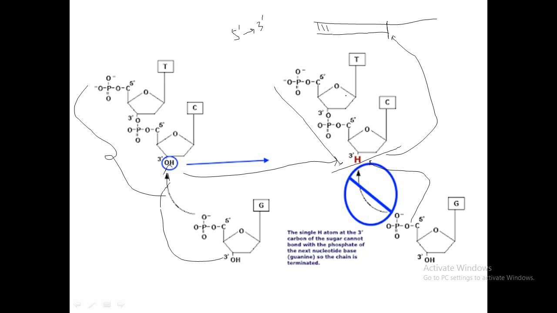So Sanger employed the use of this dideoxy base, which means the 3 prime will lack this OH region. Sanger employed 3 prime H instead of 3 prime OH, and because of this no further base will be incorporated here, and the elongation of the chain at this particular position will be terminated.